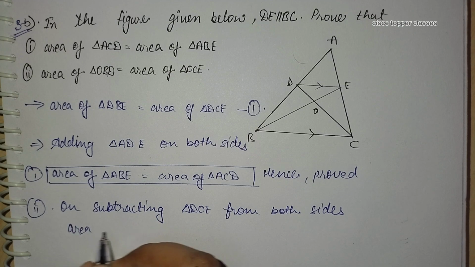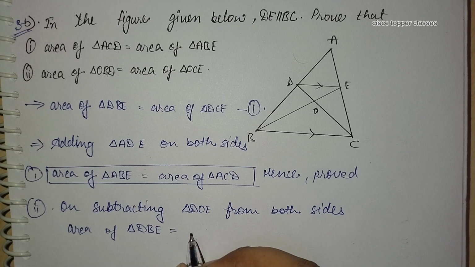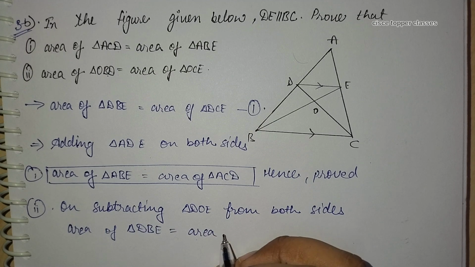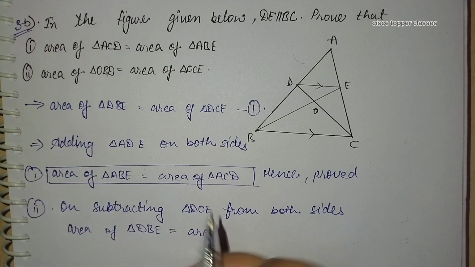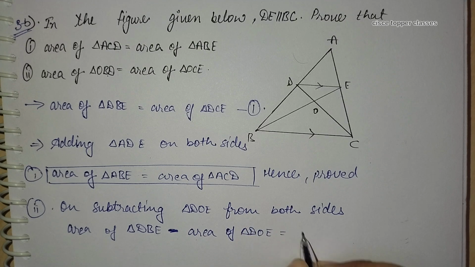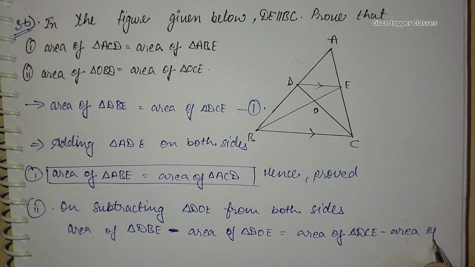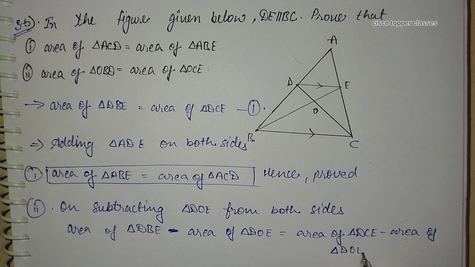area of triangle DBE is equal to area of triangle DCE, because we will subtract here. So subtracting, area of triangle DBE minus area of triangle DOE is equal to area of triangle DCE minus area of triangle DOE.